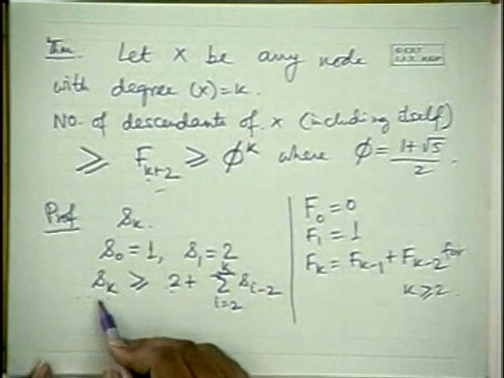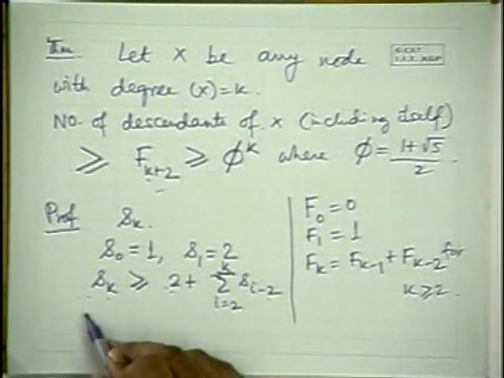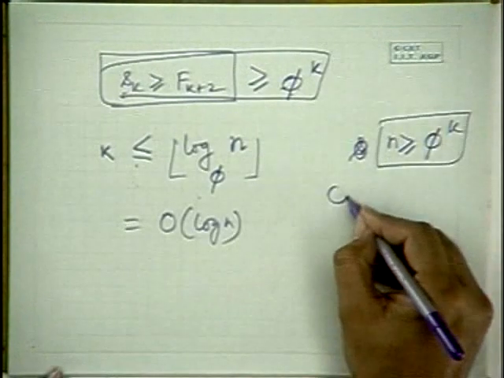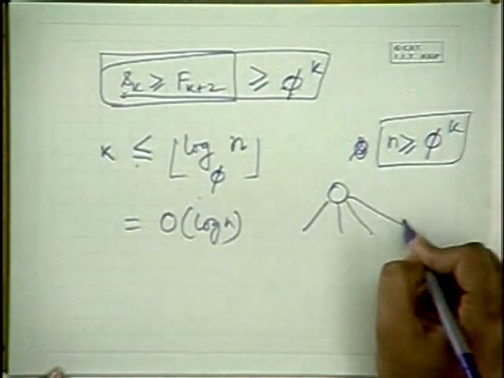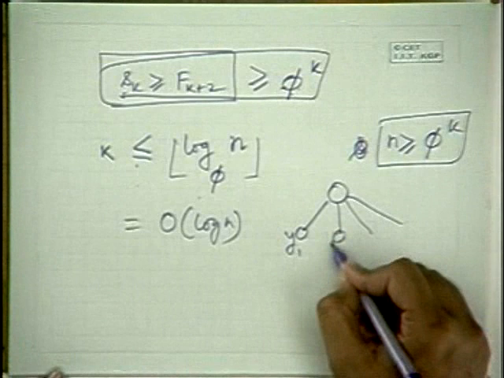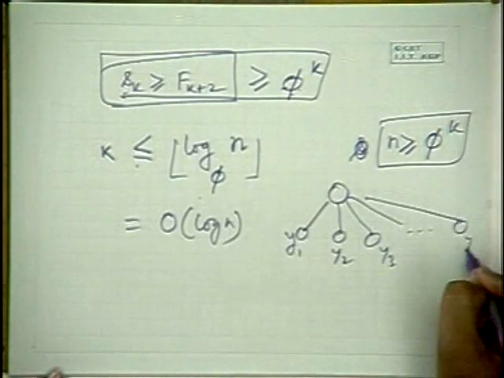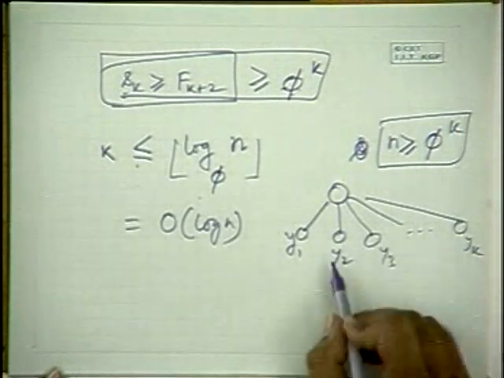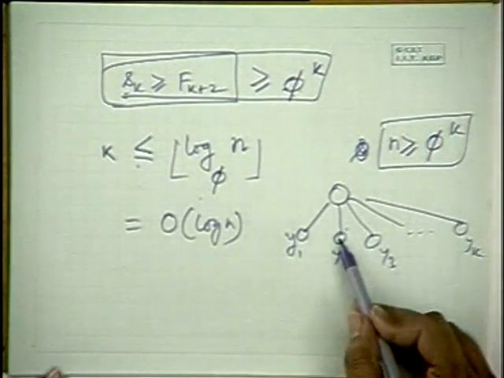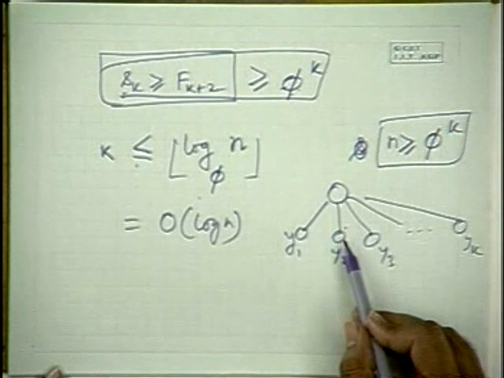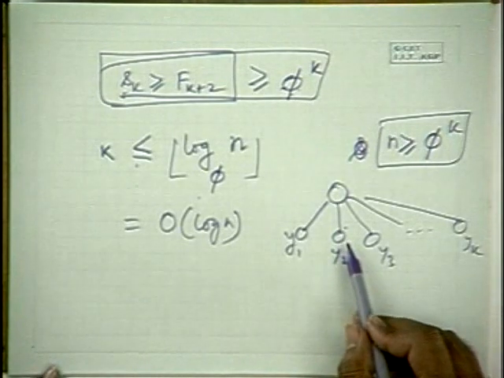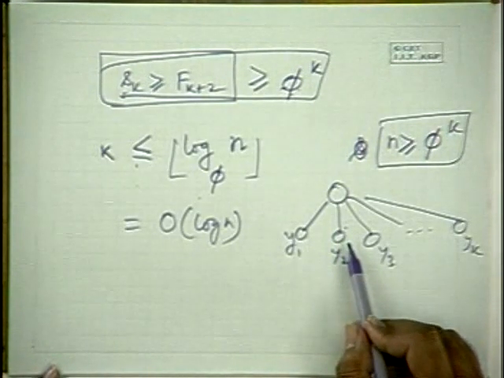Greater than or equal to 2 plus the sum. How did I get this relation? Okay, so go back to this previous claim. How does this node of degree k look like? So this node has degree k. So this is say y1, y2, y3 up to yk, right? Now the claim was saying that yi must have degree at least i-2, right?